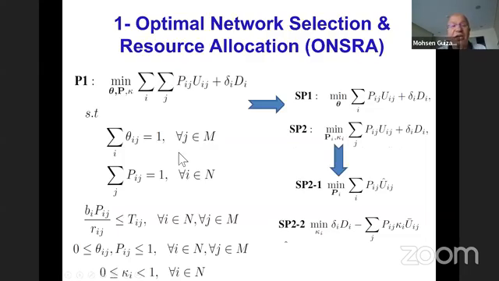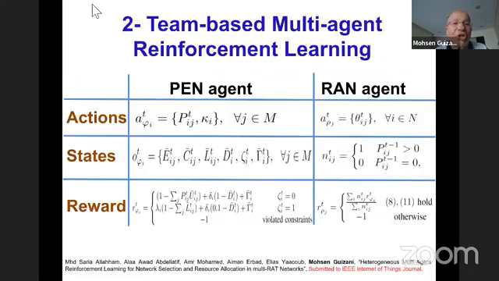which are related there. Since we are using reinforcement learning here, as you know, for distributed learning we have reinforcement learning, we have the actions, we have the states, and we have the rewards.